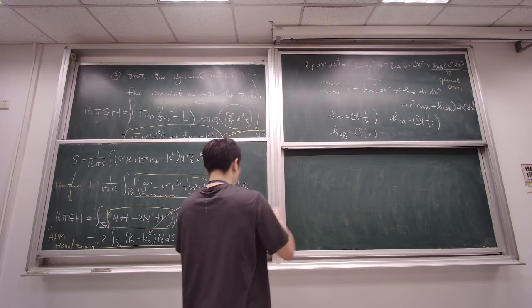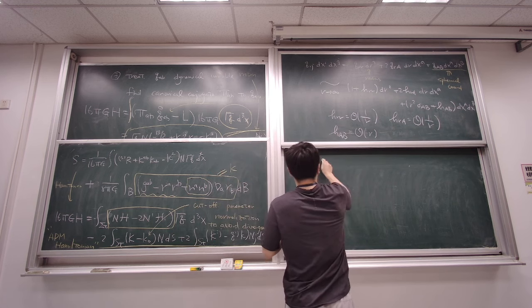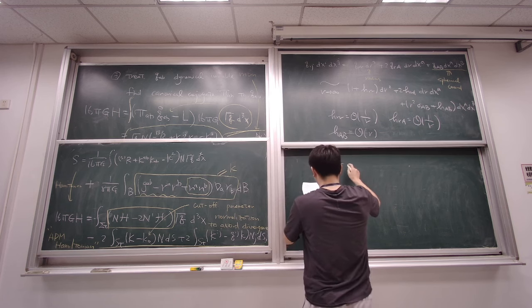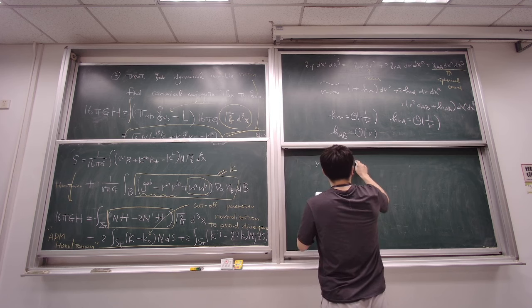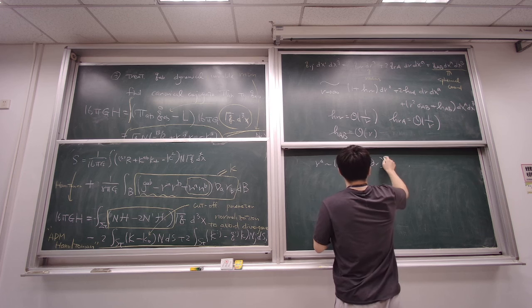Then, if you write this down, the r^A is in fact like this: 1 minus h_rr over 2, divided by partial r of A.